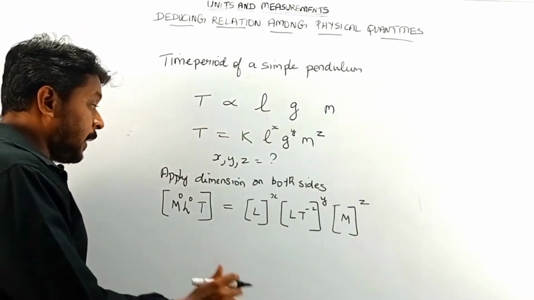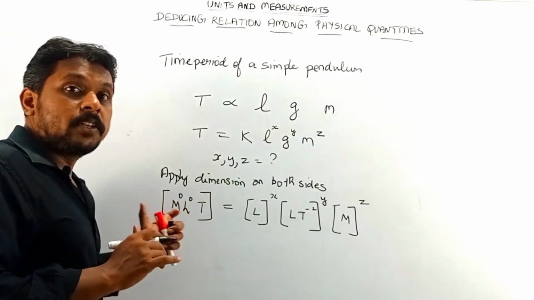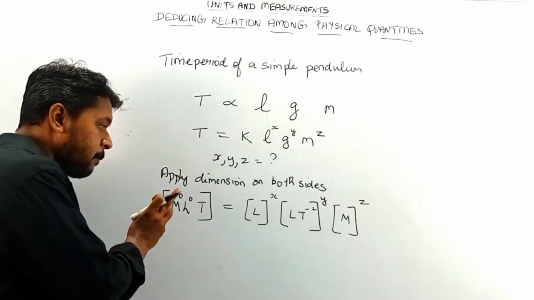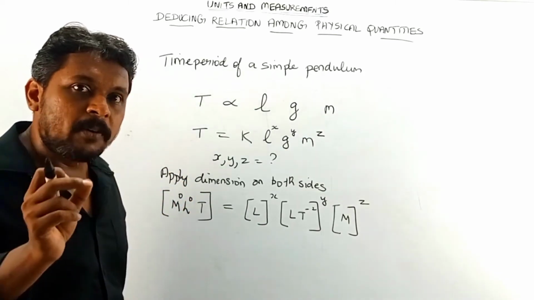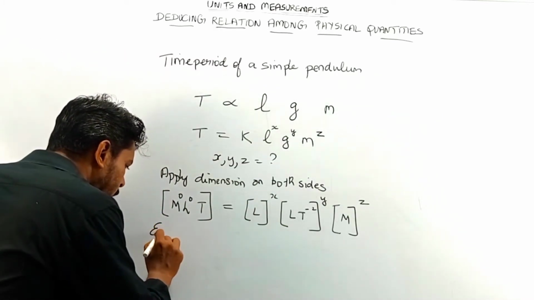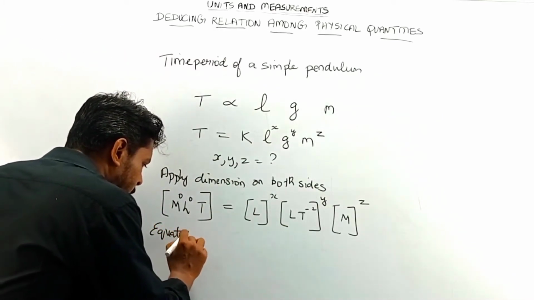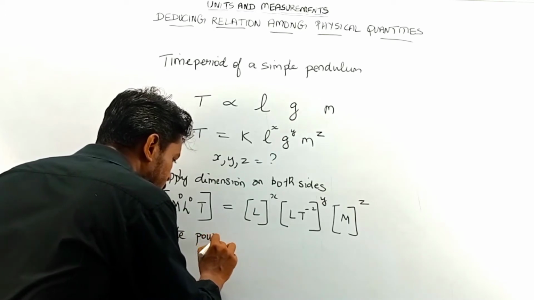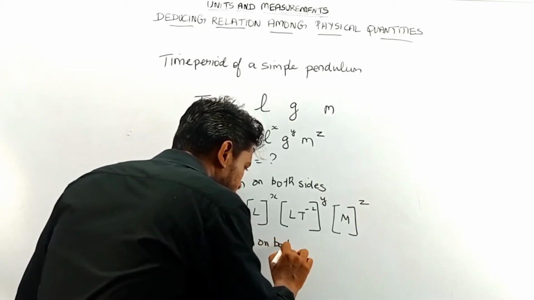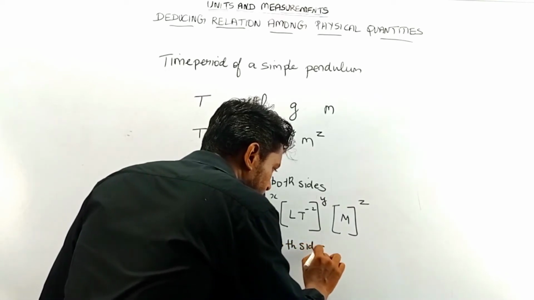The next step is to equate the powers of each term, because I have three terms M, L and T. I have to equate the powers of M, L and T separately. First, I equate the powers of M on both sides.